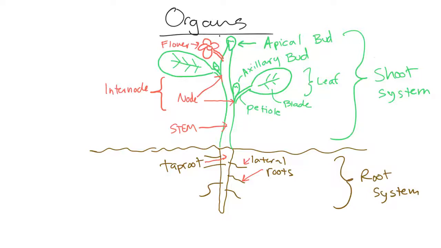The reproductive structure growing off of the plant. And we already know all the flower parts, right? From last week. All right, so those are the organs of a plant. You know, the cells of the plant. Organs. We're going to keep going.